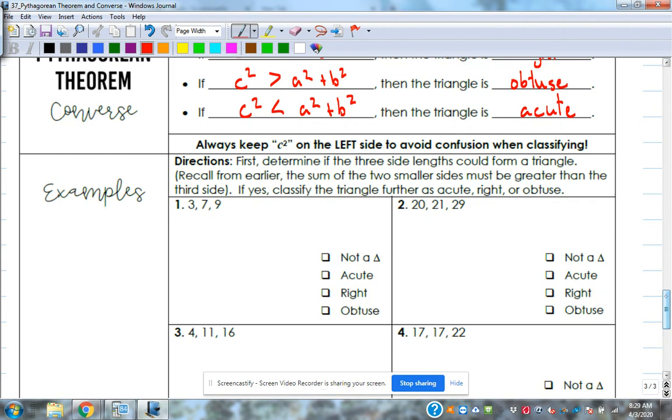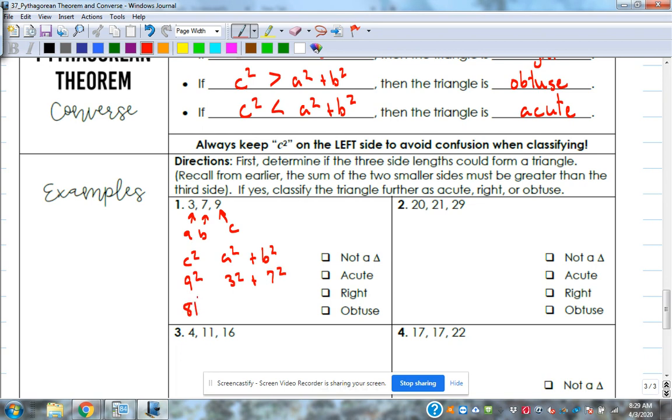So we look at these three numbers. We have 3, 7, those would be A and B, and then 9 has to be C because it's the largest number. So we look at C squared, that's 9 squared, and A squared plus B squared, that'd be 3 squared plus 7 squared.